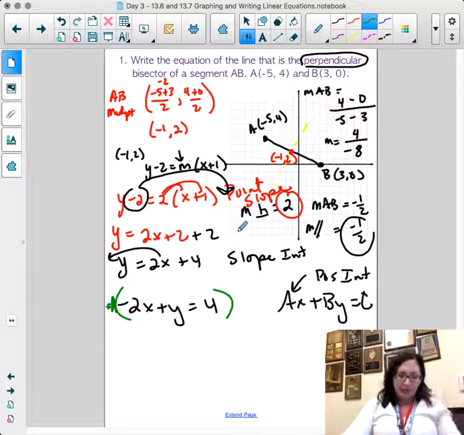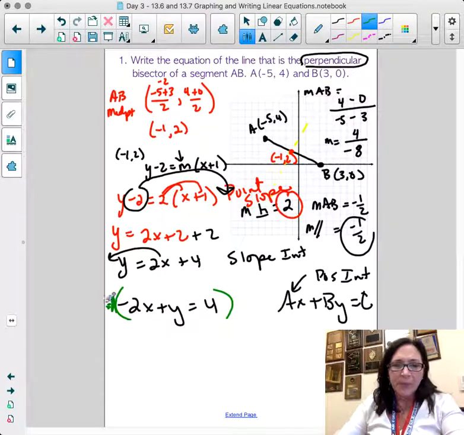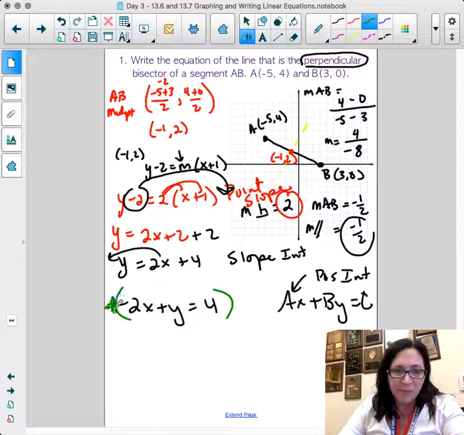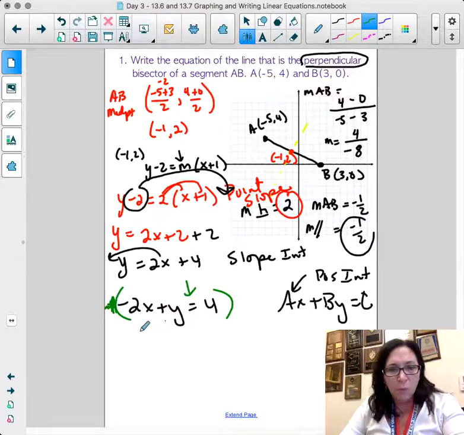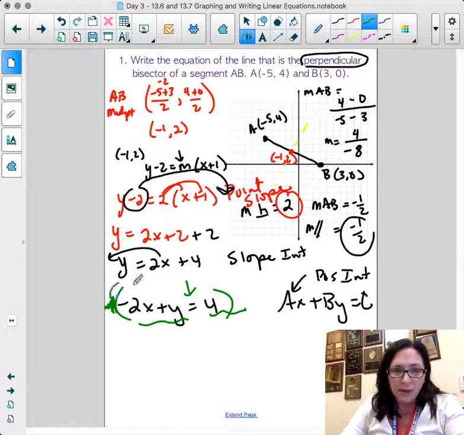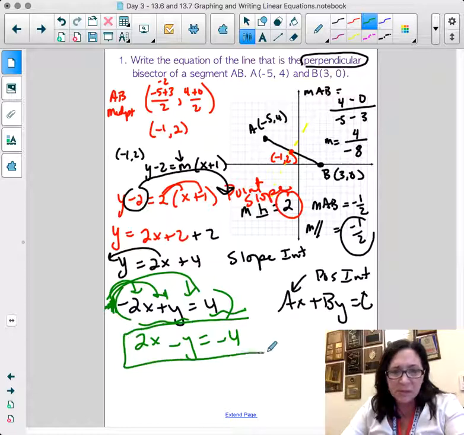Keep in mind, you just can't change the sign, because it is an equation, meaning whatever you do to one side, you have to do to the other. So negative 1 times negative 2x is 2x. Negative 1 times y is negative y. And negative 1 times 4 is negative 4. And so this is my equation in standard form.